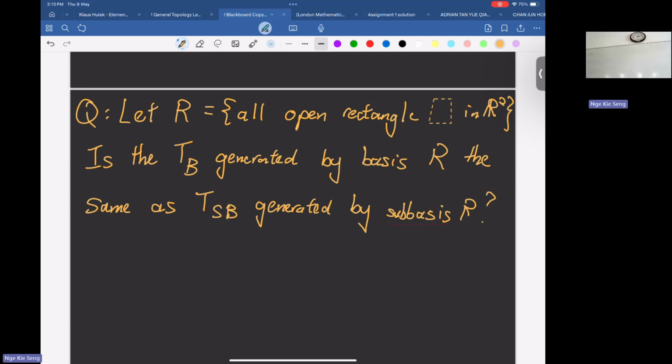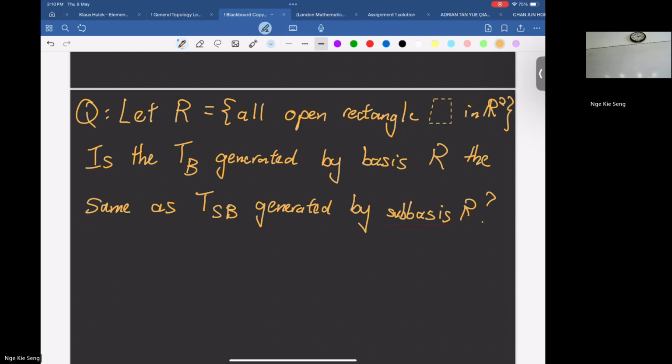Generated as a basis means what? We proved already that the topology has to be the union of all the open rectangles. Generated as a subbasis, it is the union of finite intersections of open rectangles. But yesterday I showed you that the intersection of rectangles is again a rectangle. They should be the same topology in this case.